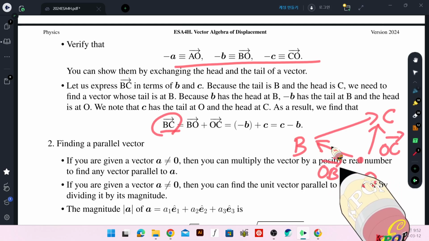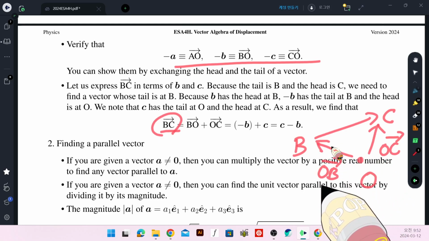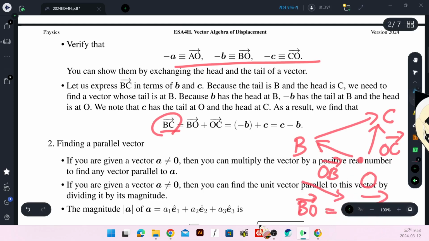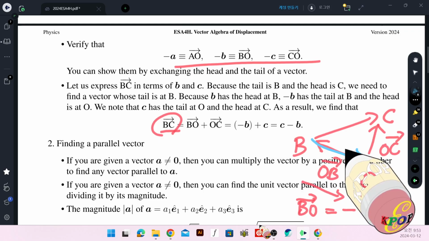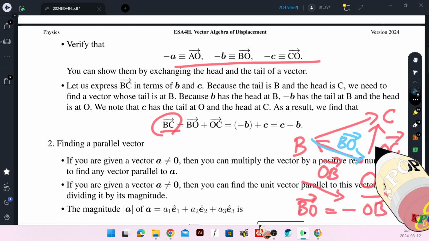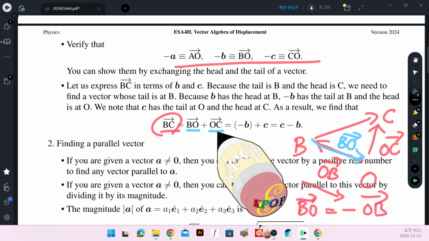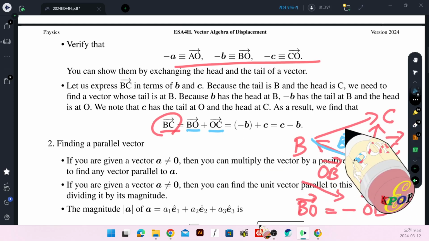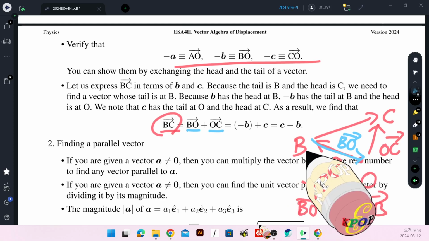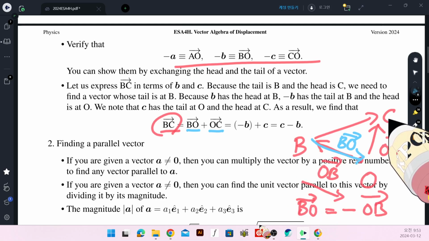Now I know I can flip the direction of OB by exchanging the head and tail. That is BO. BO is the negative of OB. So if I put this one here, then the resultant vector of BO and OC becomes what? The vector connecting B and C with the tail at B and the head at C.